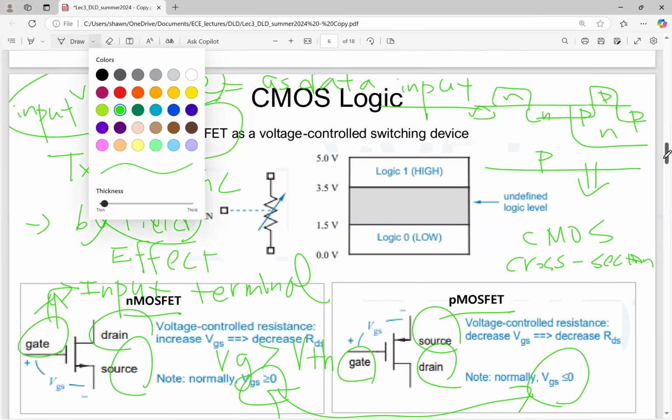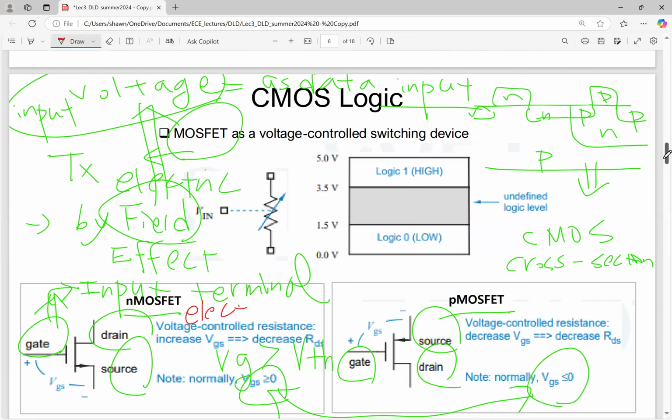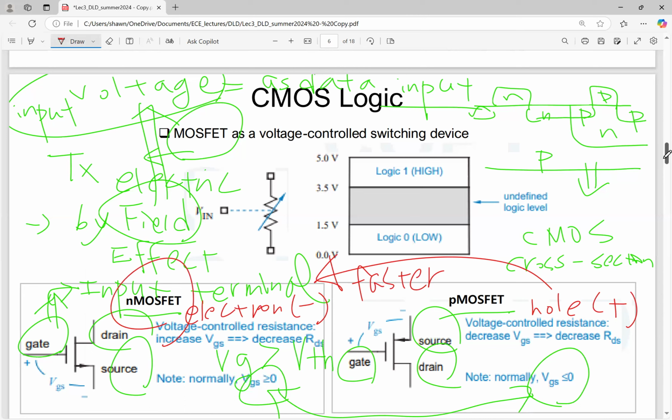Because they have different main current carriers: electrons for the NMOSFET, holes for the PMOSFET. Electrons are a lot faster than holes, so the NMOSFET has a little faster operation speed compared to the PMOSFET. For your information.